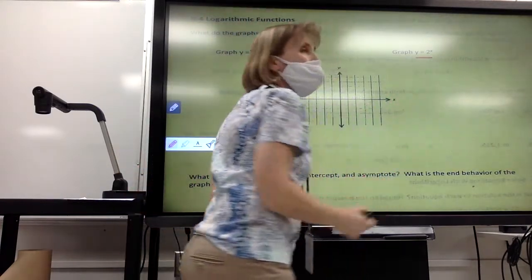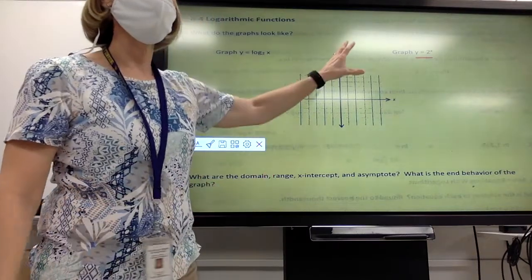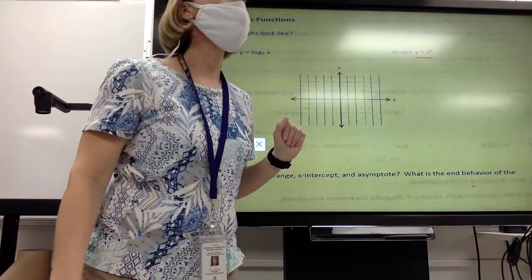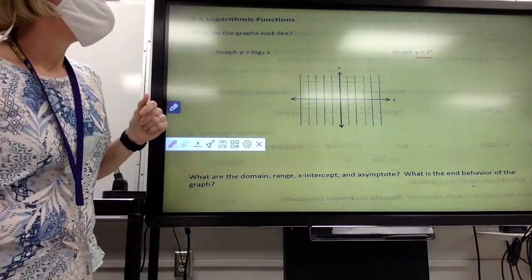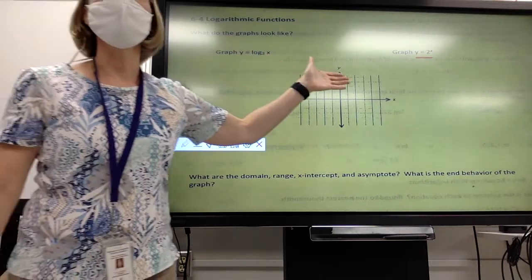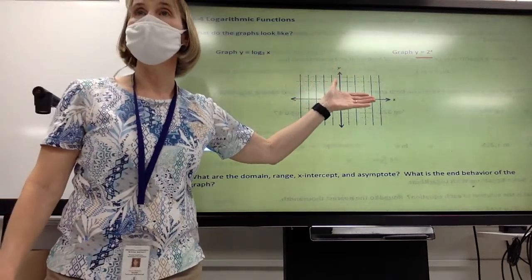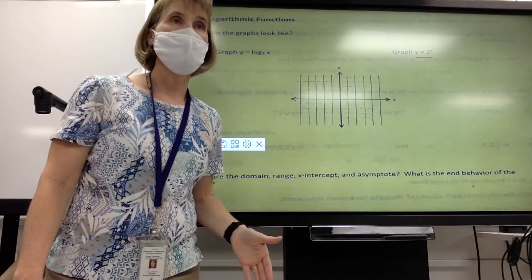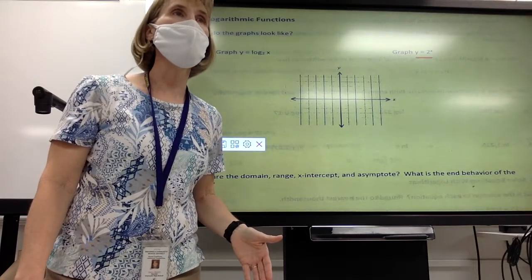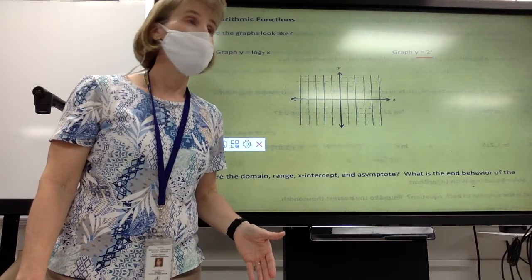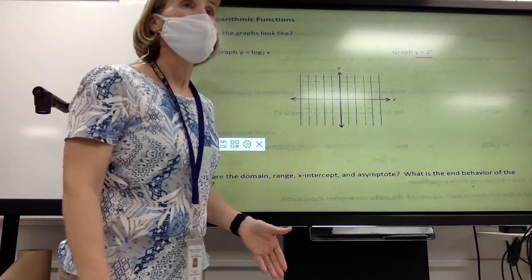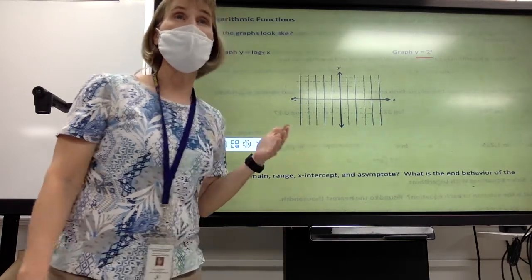Because we started this unit, I asked you to graph a function like this. How do we graph something that has an exponent that's a variable? How did we do that at the very beginning of the unit? Is it going to be a parabola? Is it going to be a straight line?